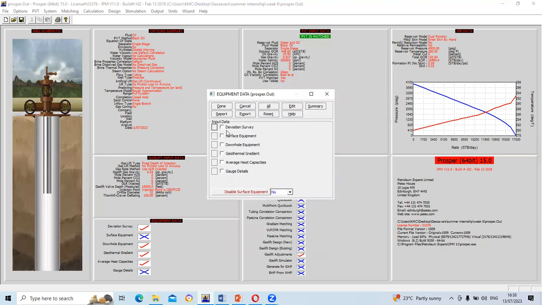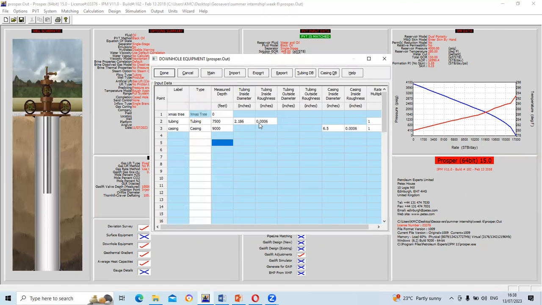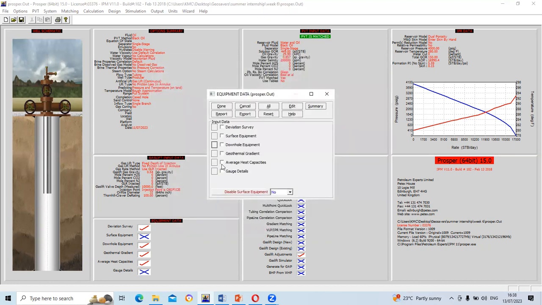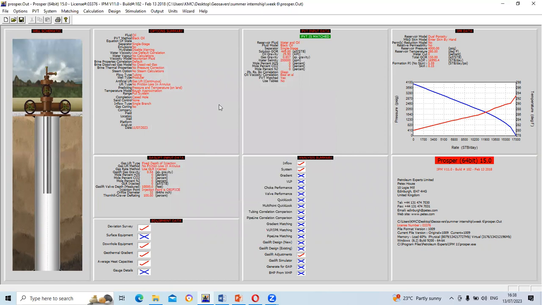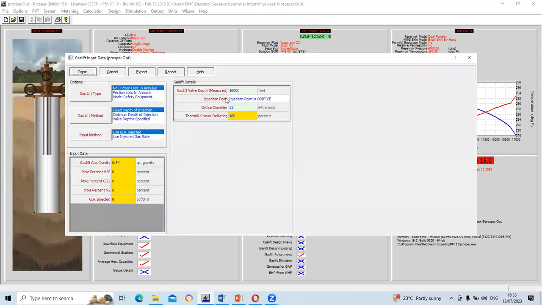Reservation is okay. All right, our tubing is at 7,500. It's okay. Then we come back here. Our gas lift depth. Gas valve depth cannot be 10,000.